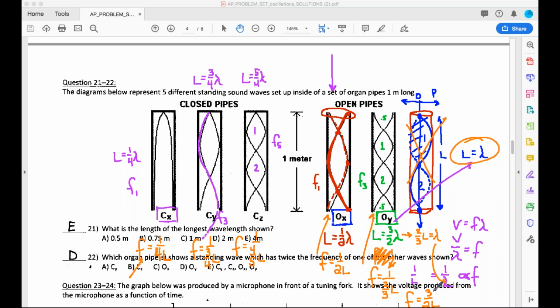I think I'm going to rewrite this as F is equal to 5 over 4L, F is equal to 4 over 3L, and F is equal to 1 over 4L. So the answer key is showing OY, which is open Y, and we have to say that that is twice the frequency of one of the other waves shown.